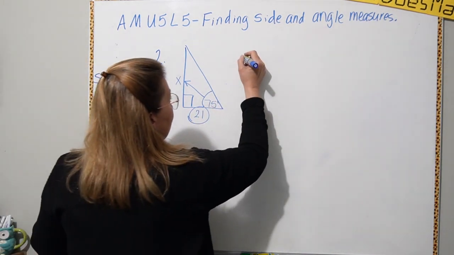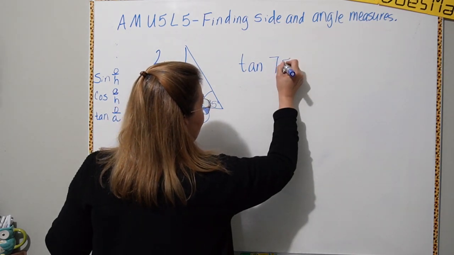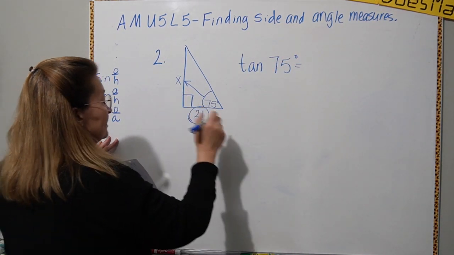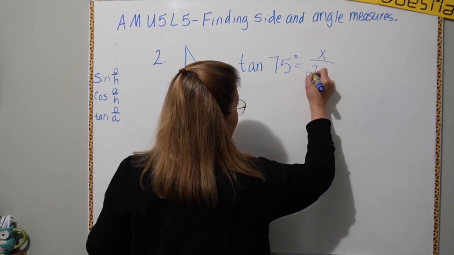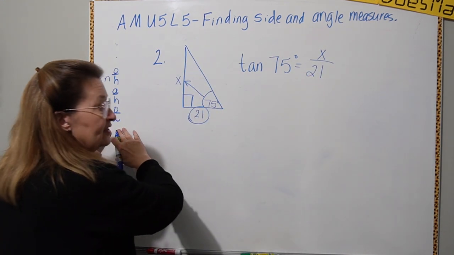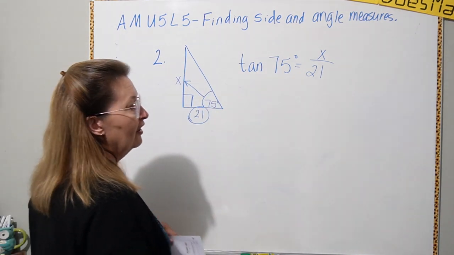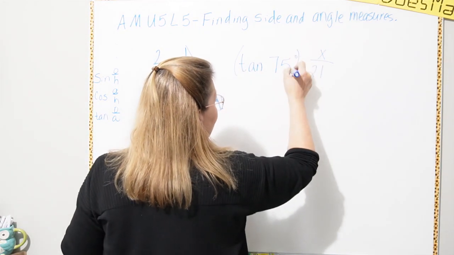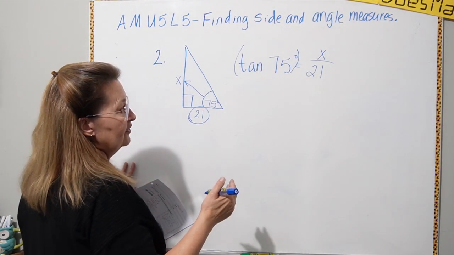Now let's fill it in. The tangent of the degree, which is 75 degrees, equals, all right, your side opposite, so that's x, over your side adjacent, so that's 21. I'm just using the definition, opposite over adjacent. Now you're just solving it like you would a regular equation, and you need to consider that this is just a number, but we're going to leave it like this for now.